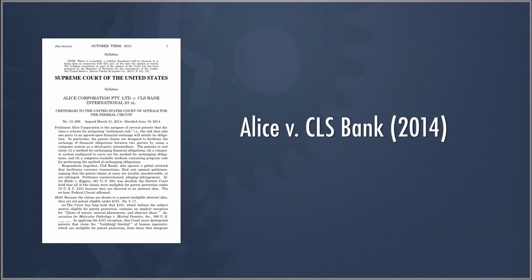And so let's talk about the most recent and, at least at this moment, certainly the most important of the Supreme Court's cases on abstract ideas under Section 101, and that is the Alice versus CLS Bank 2014 opinion, June 2014 opinion.